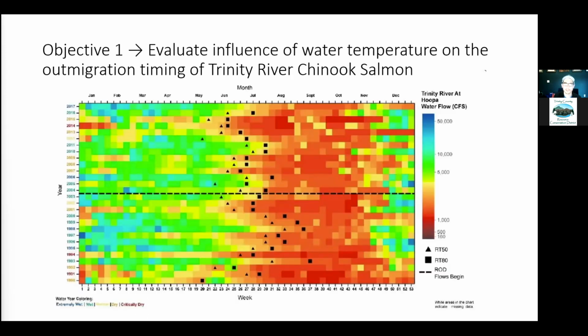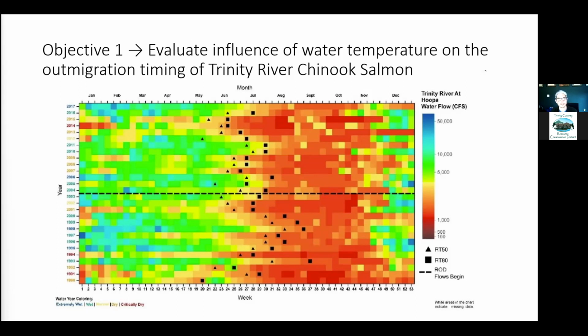So we're going to move on to our first objective, which is to evaluate the influence of water temperature on the outmigration timing. This is a raster hydrograph of the Trinity River at Hoopa. You can see that by mid-July, post-ROD, the black line there represents the ROD.